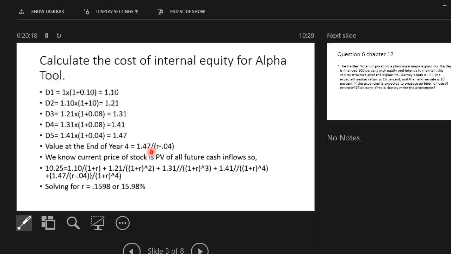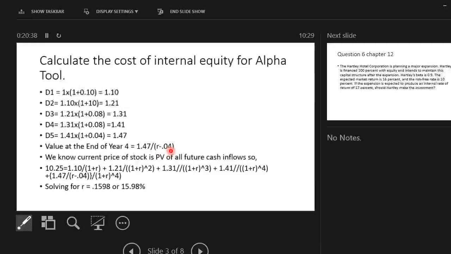This is how then we calculate that terminal value. 1.47 divided by the rate minus the growth. This is supposed to be 0.04. This is R minus 0.04.